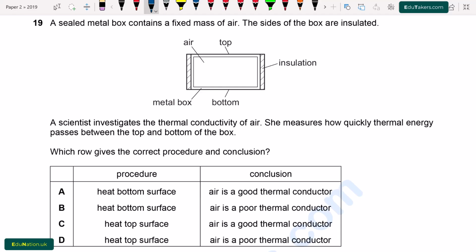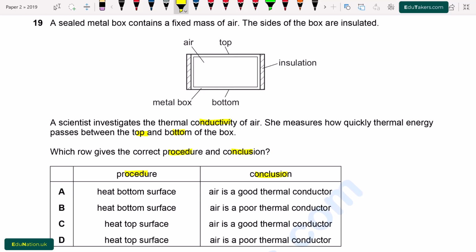Question number 19. A sealed metal box contains a fixed mass of air. The sides of the box are insulated. A scientist investigates the thermal conductivity of the air. She measures how quickly thermal energy passes between the top and the bottom of the box. Which row gives the correct procedure and the conclusion?